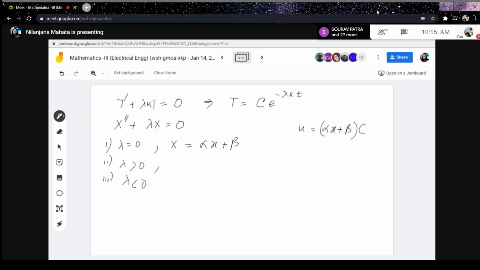Our solution will be in this form. Now, what will it be when lambda is greater than 0? Remember your lambda, what will be this?